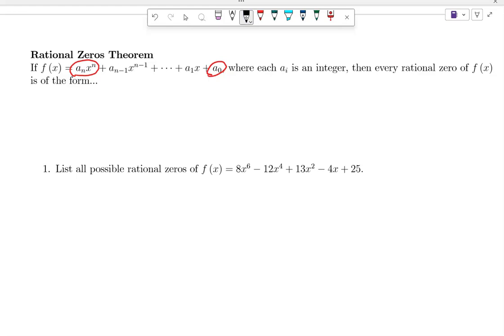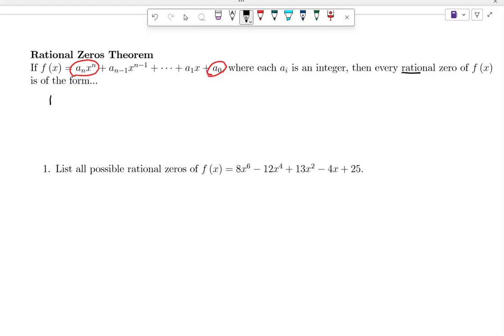So if you have a rational zero, remember rational number, the root word of rational is ratio. So a rational number means a fraction, okay? Some integer over another integer, okay? Every rational zero of f of x has the following form.